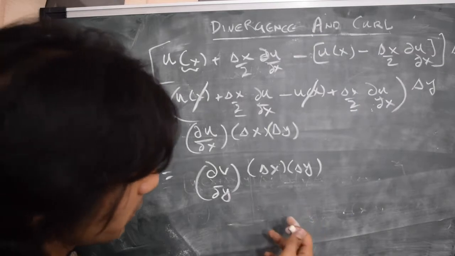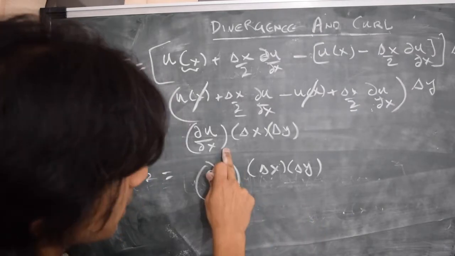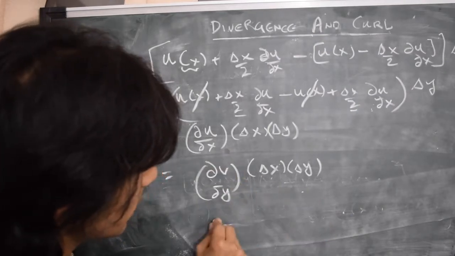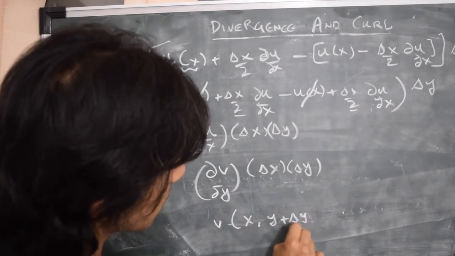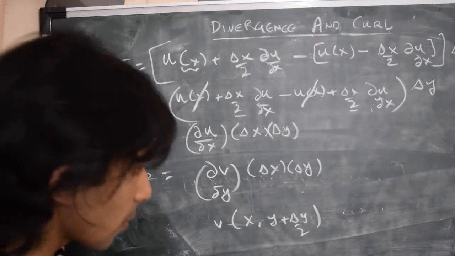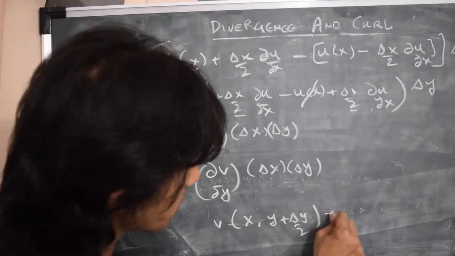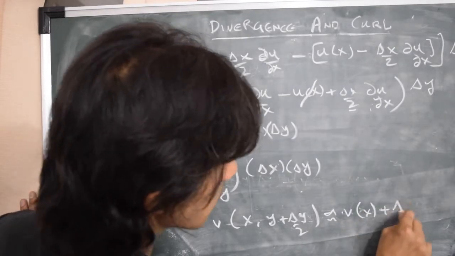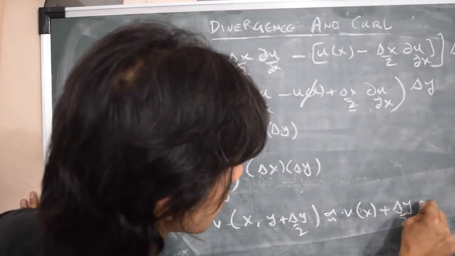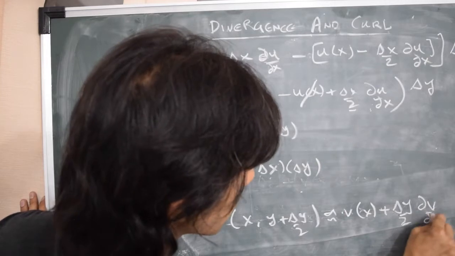The reason why this has a dv/dy whereas this has a du/dx is because when we look at these terms, we are expanding in powers of y. So we have a term of the form v(x, y plus delta y by 2), which we do a Taylor series expansion of and approximate as v(x) plus delta y divided by 2 dv/dy.